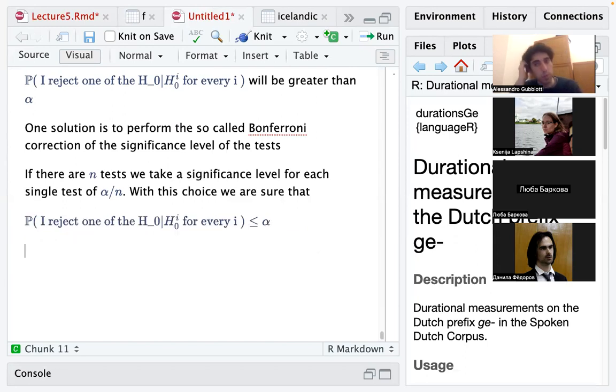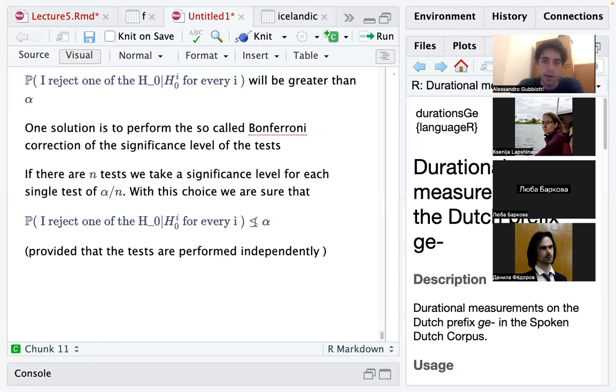And we did some computations. I mean, this can be easily shown, of course, provided that the tests are performed independently. Because if I do the same test n times with the same data, it will still be alpha divided by n.